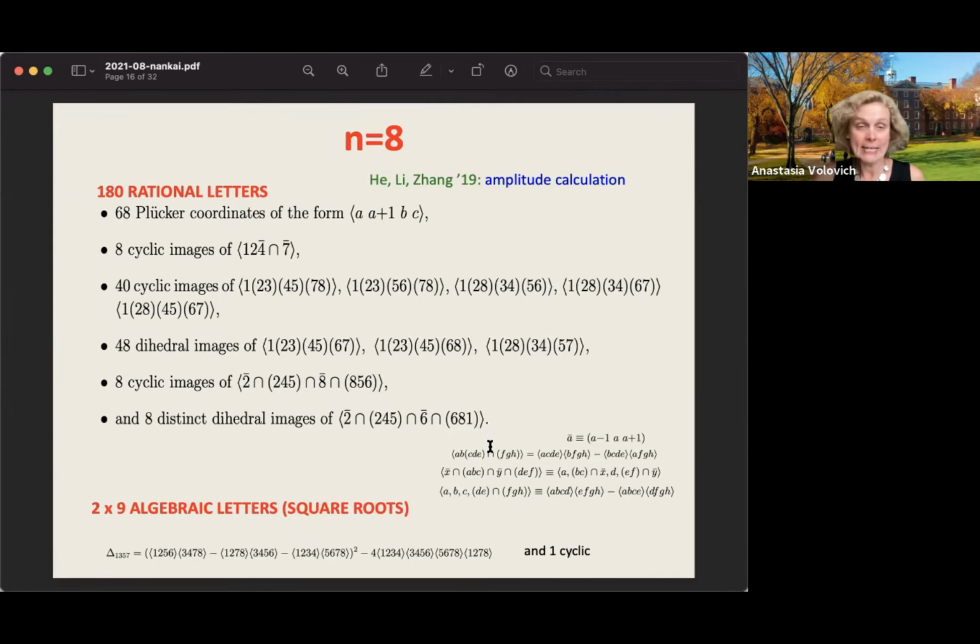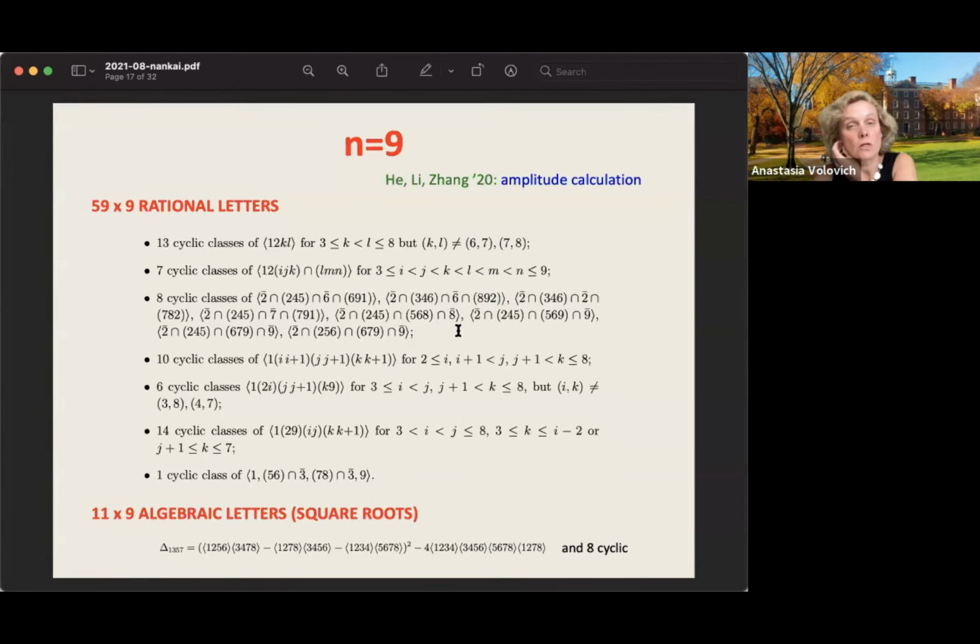And then there are 18 involving square roots. I wrote this as 2 times 9. There are these types and also one cyclic, and then there are various permutations. So that's for 8. And then moreover, recently it was also computed for 9. There are again 59 times 9 rational letters of the following type, and there are also 99 square roots. Okay, so those are the results of the computations.